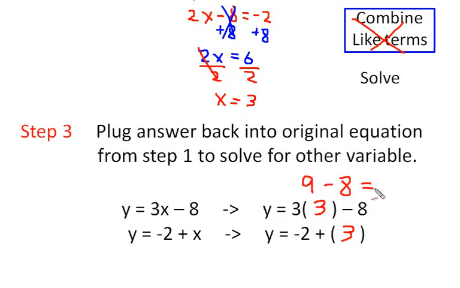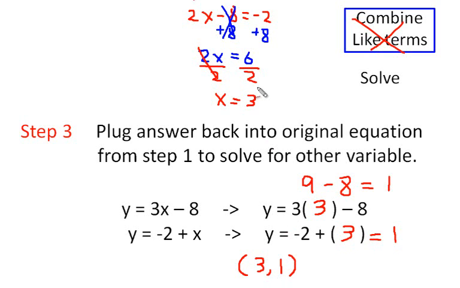So for this one I'm going to get y is equal to 9 minus 8, I get 1. On this bottom equation I have negative 2 plus 3, that is also equal to 1. So it didn't matter which one I picked, they would both give me the same answer of y equals 1. Okay, so my solution, my x was 3, and my y was 1.